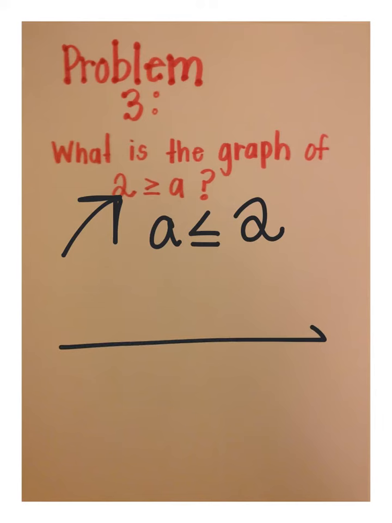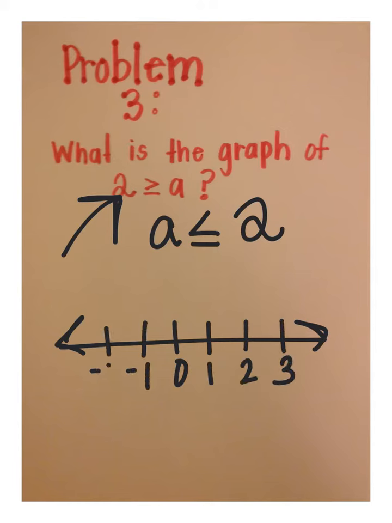So I'll start with my number line. 0, 1, 2, 3. Include some negatives. Okay, since a is less than or equal to 2, I'm going to put a closed in circle over 2, because remember 2 can be a solution, and I'm going to go to the left of the number line.